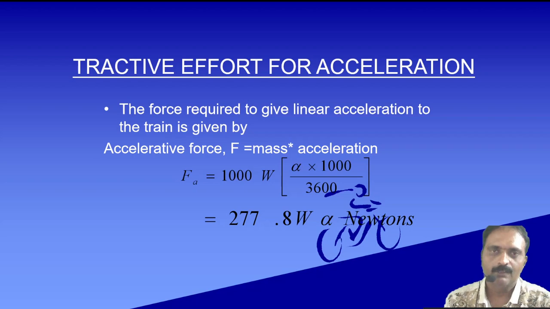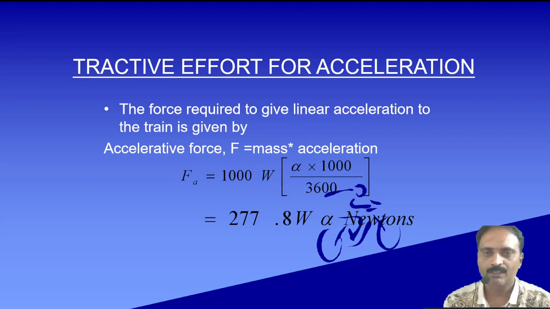Generally this rotational inertia of the moving parts is expressed as a percentage of the weight of the train, that is considered as W dash. Hence at the beginning the total or effective weight of the train will be the sum of the actual weight of the train W plus W dash, which is the effect of rotational inertia expressed as a percentage of the actual weight of the train.